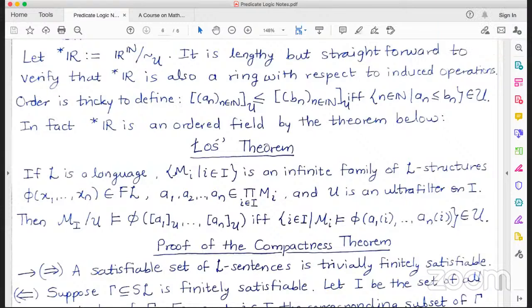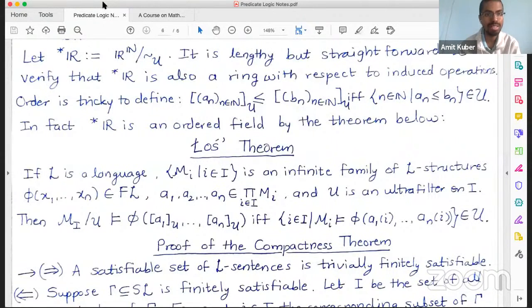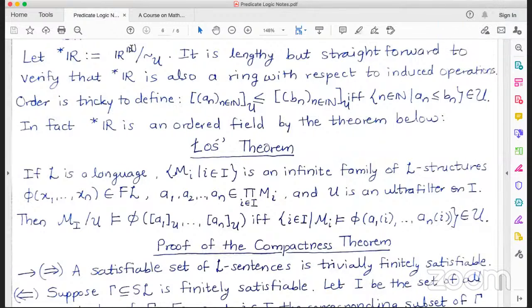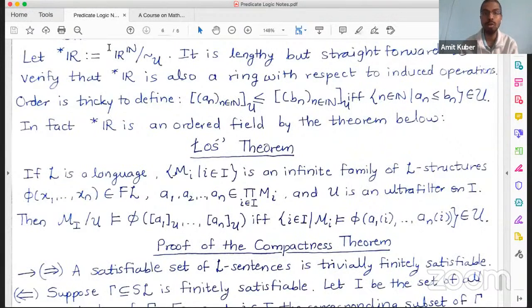So we embed reals by the constant sequences only? Yes, we embed reals by the constant sequences. And what are infinitesimals here? The sequence converging to 0, like 1, 1/2, 1/3, 1/4. That is one infinitesimal.